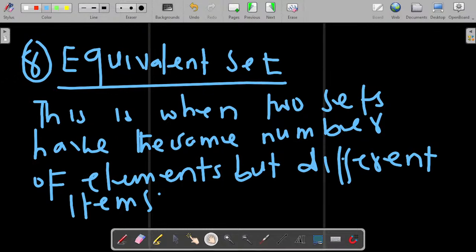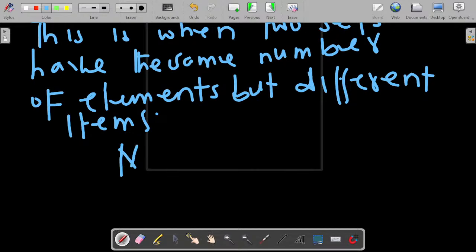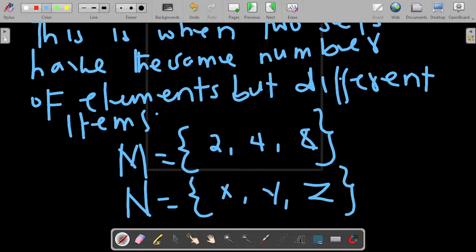So what do we mean by that? Let's take set M for instance. Set M is 2, 4, and 8. Then set N is X, Y, and Z. How many elements are in set M? How many elements are in set N? Do they have the same items?